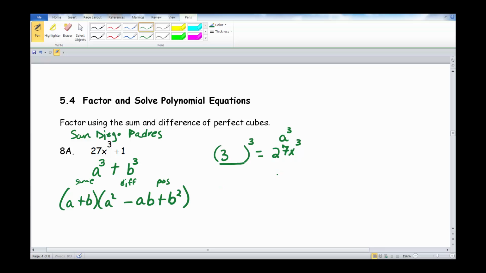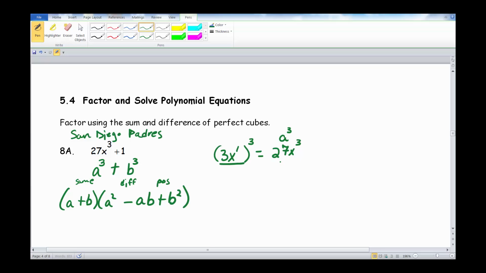Because our sum of these two cubes does have the variable x, we have to have our x variable to identify with what is a. And we're trying to get x cubed. Well, right now we really already have x cubed, because x raised to the third power gets us that x cubed. Hidden and embedded, it does have that exponent here of x to the first. And again, using the power to a power property, we would multiply these exponents and get that x cubed.